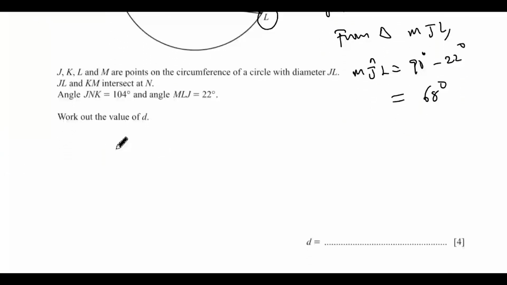So I can say that MJL is equal to MKL, and that will be equal to 68 degrees, the two angles I just showed you.